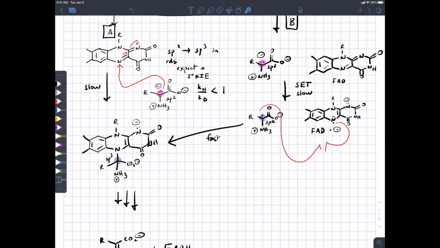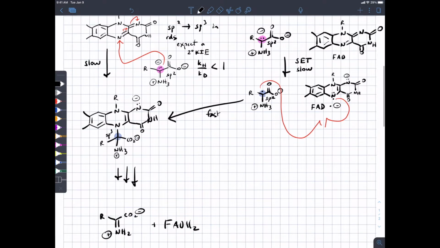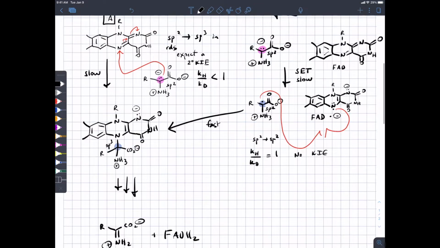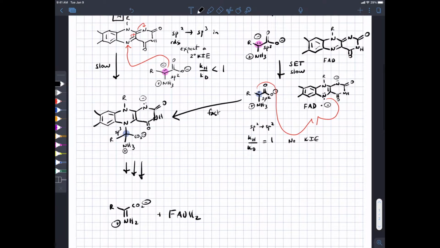Whereas for the single electron transfer step, hybridization doesn't change, so you probably expect no kinetic isotope effect. And they did the experiment. It turns out this particular amino acid substrate was inconvenient.